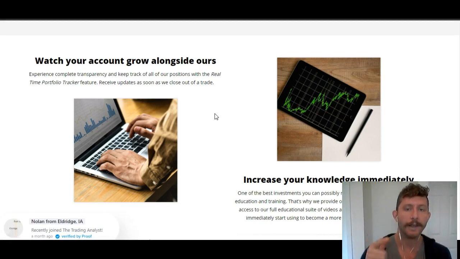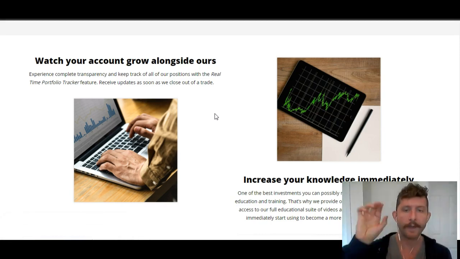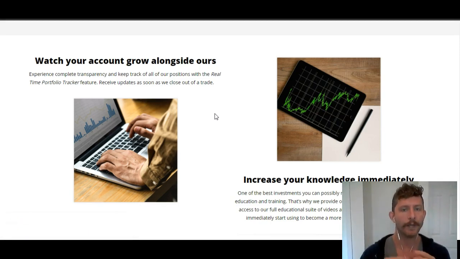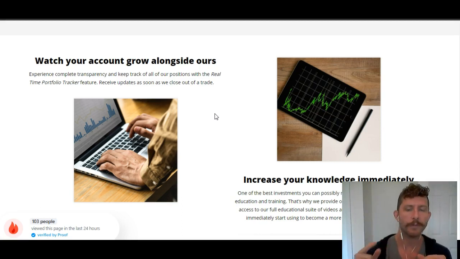We've been doing this since July of this year, and we're going to be doing it for the remainder of this service. We don't hide anything. Every single trade is put into that tracker, and you're going to be able to see everything with complete transparency.